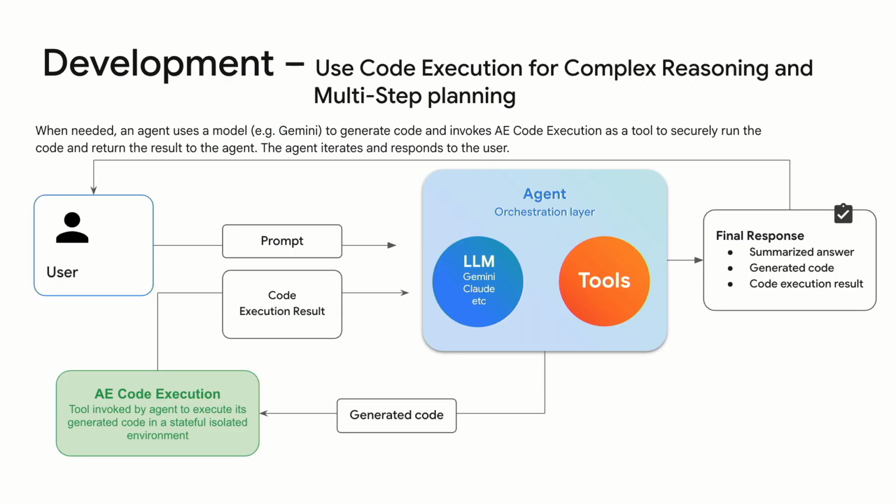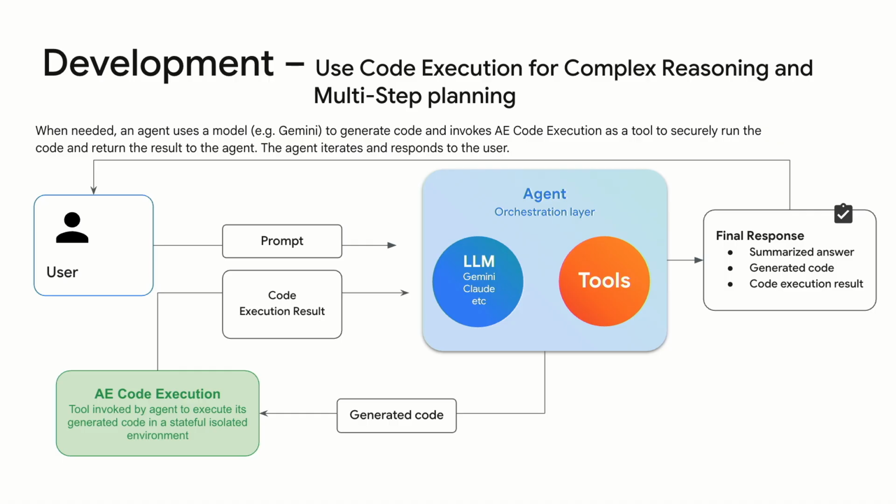For complex and multi-step reasoning, an agent's reliance on pure natural language can be very concerning. And large language models' generative output is very probabilistic, making it unsuitable for tasks that require deterministic execution. This is where code execution becomes very critical. By generating and running code in a secure sandbox, the agent can offload this complex logic.